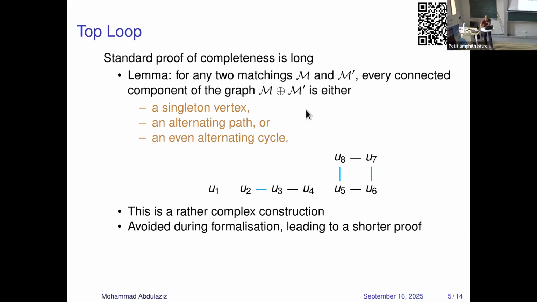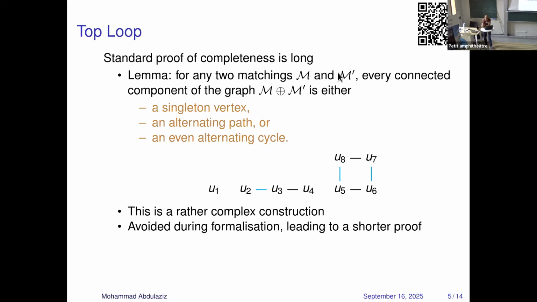The proof goes by contradiction. You assume my current matching M is not a maximum cardinality matching, and from that assumption, you can easily show that there's another matching M prime that is bigger than the matching M, right?